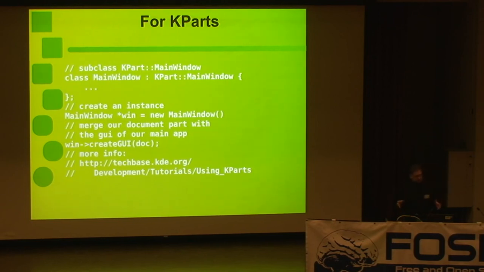Then, create a GUI from your part. The KDE KParts technology is smart enough to have a generic createGUI that takes your part, which is our document, and creates a GUI from that and embeds it. This technology has worked since KDE 2 with minor variations and API changes.